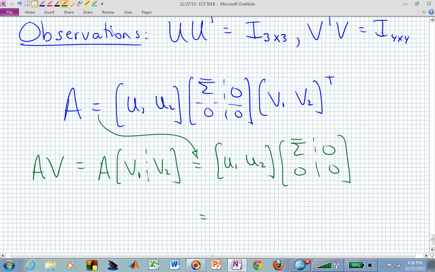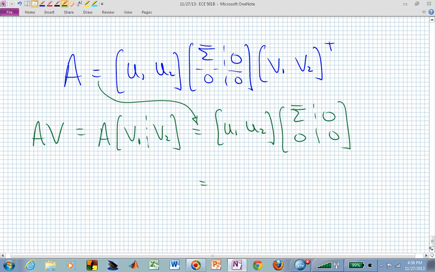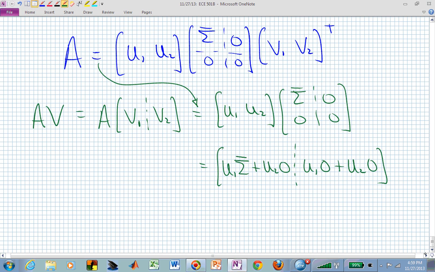Let me write that down. I now am saying that this right-hand side becomes U1 sigma bar plus U sub 2 0. That's now the first column, sub-matrix column. And the other one is now U1 0 plus U sub 2 0. Is that okay?